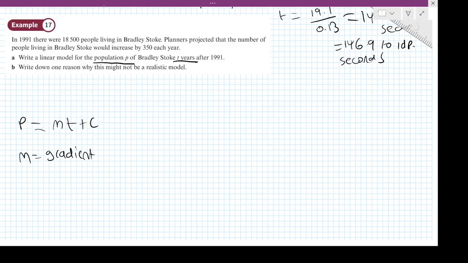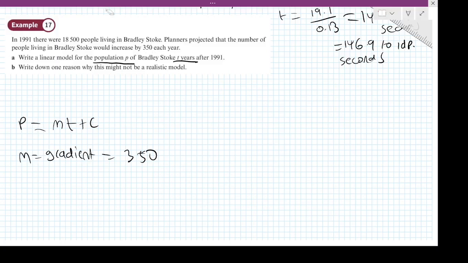As we discussed, as t goes up by 1, p goes up by the gradient. Well, isn't this the gradient here, 350? That's telling you each year the population goes up by 350. That's the rate of change, sort of like the change in P over change in T. Remember the gradient was change in y over change in x. This is the change in the population as T goes up by 1. So that is your gradient there.